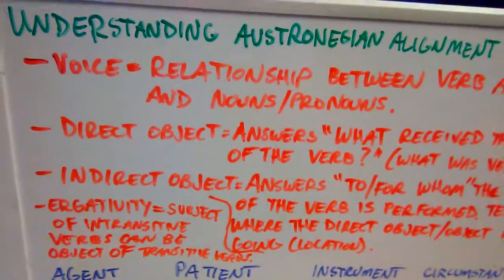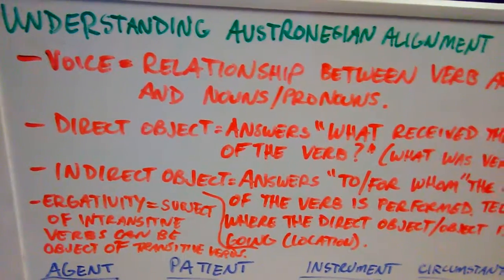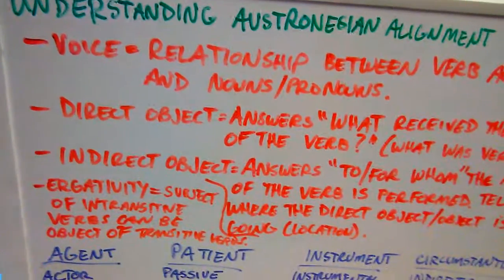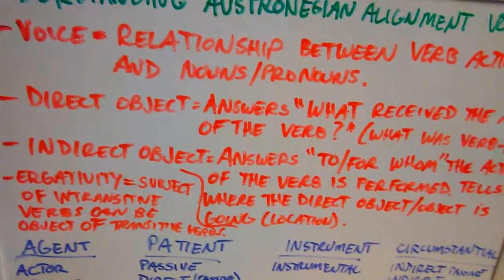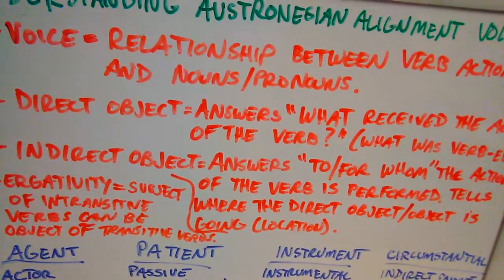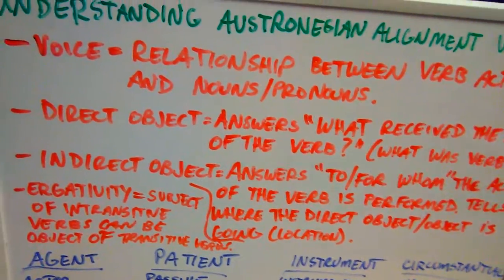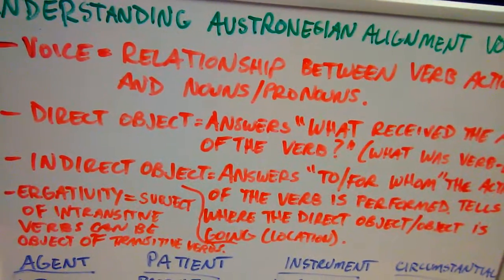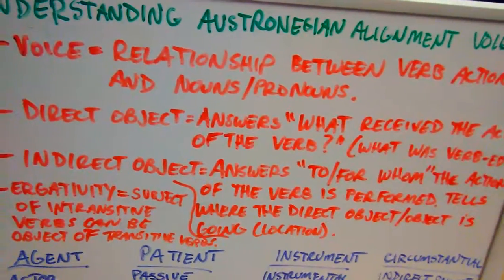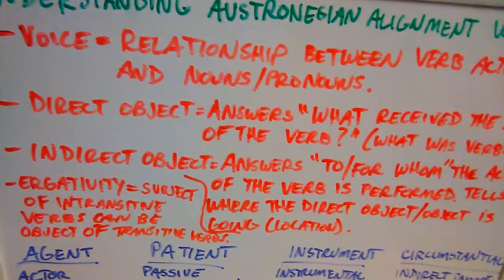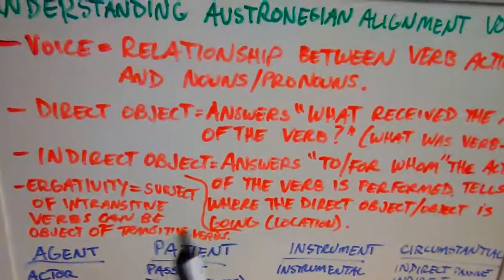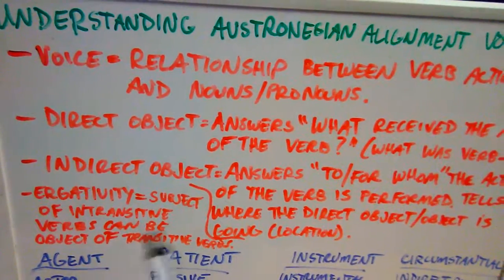So you can have the absolutive case with an ergative case, right? Those pronouns. And I'm talking in terms of pronouns because remember, subjects of intransitive verbs can also be the objects of a transitive verb, and they can be alternated by alternating the absolutive with the ergative cases on pronouns. All right, that's just a little review for those of you who forgot.